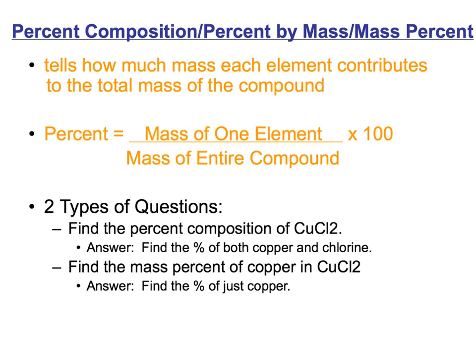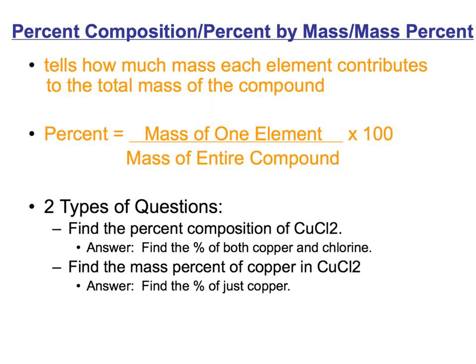So to start, we have percent composition and percent by mass or mass percent questions. This tells us how much each element contributes to the total mass of the compound. An everyday example that you're used to seeing is your nutrition labels. When you're looking at calories or carbs, you see the percent of the daily value.